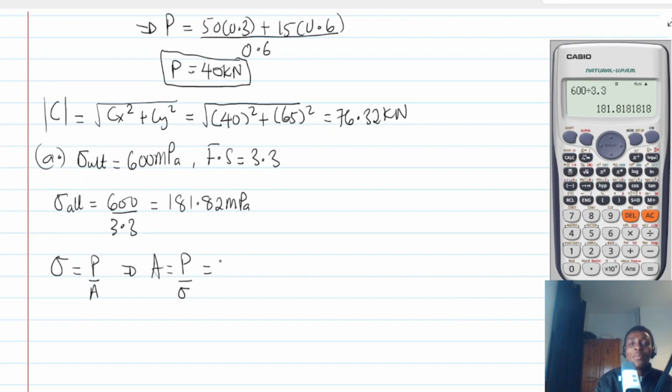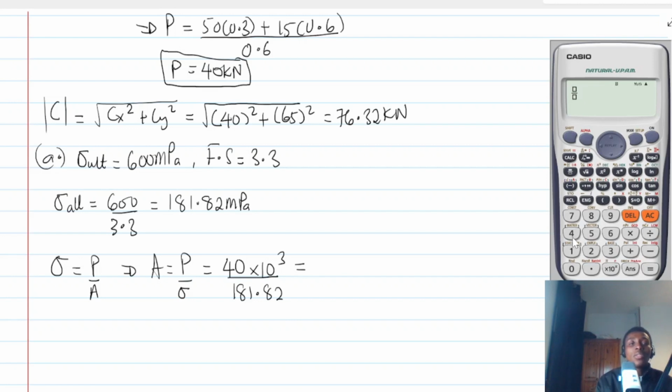The area is going to be the load at P, which is 40 kilonewton, divided by the allowable stress, 181.82.